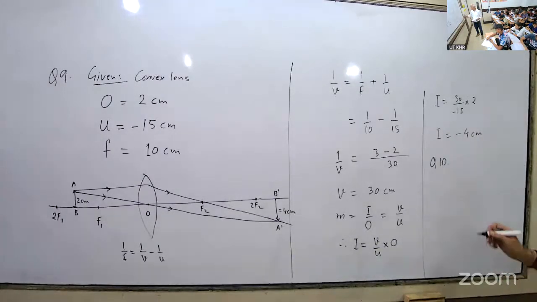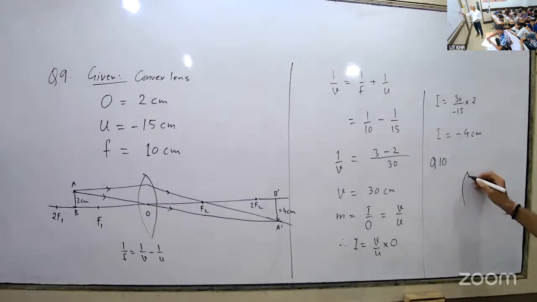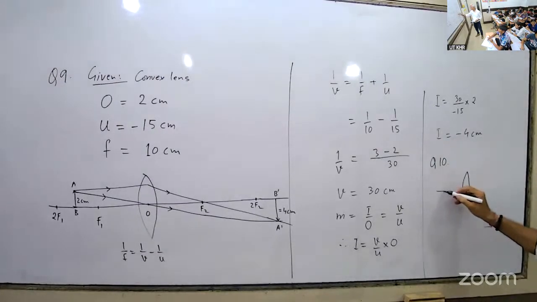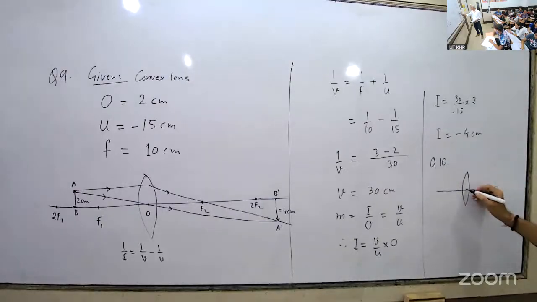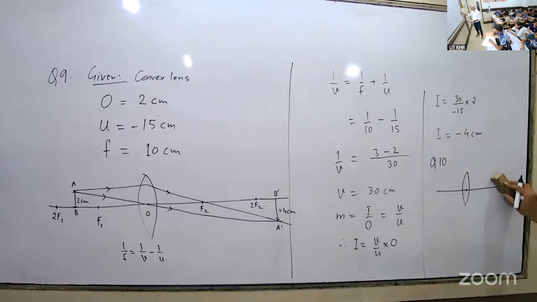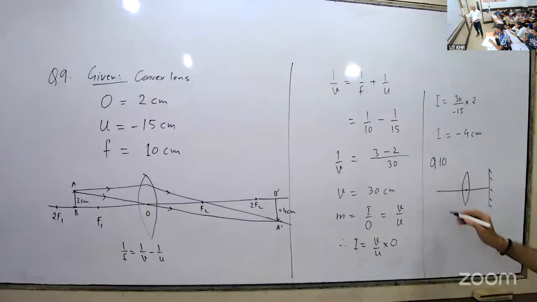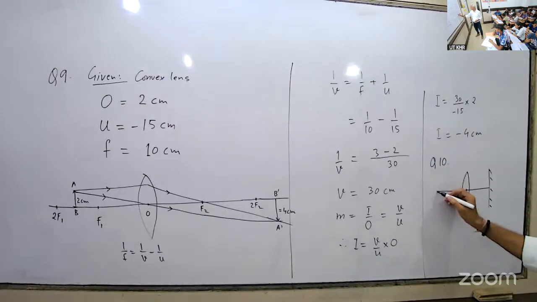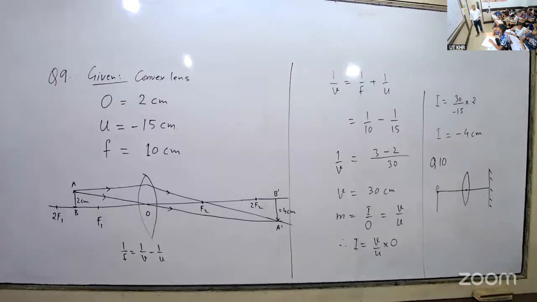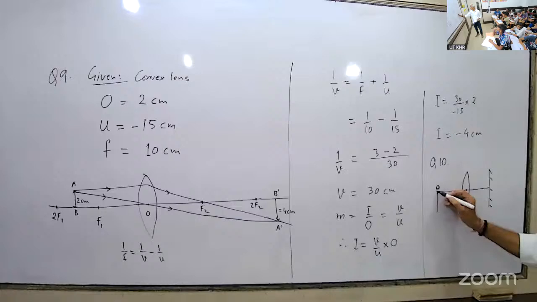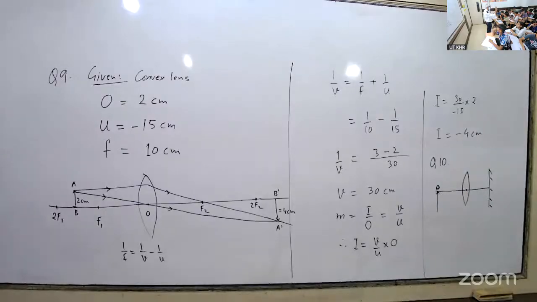So what will you do from here? From point O. What is point O? It is the tip of the object, the tip of the pin.